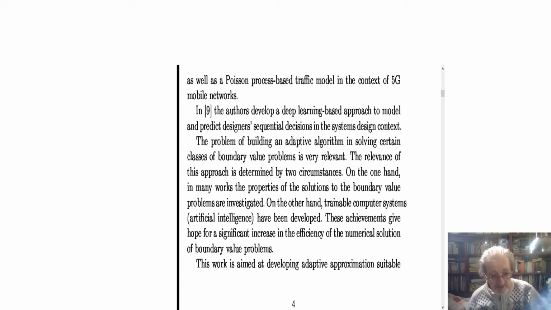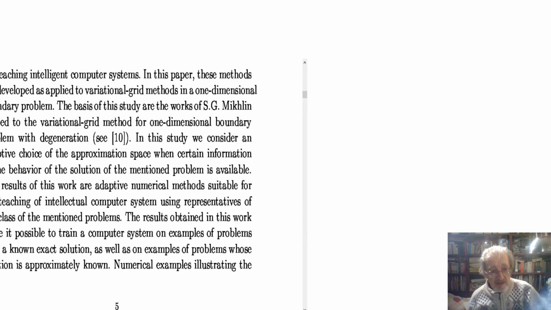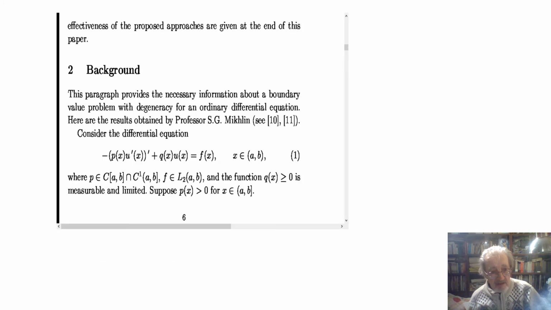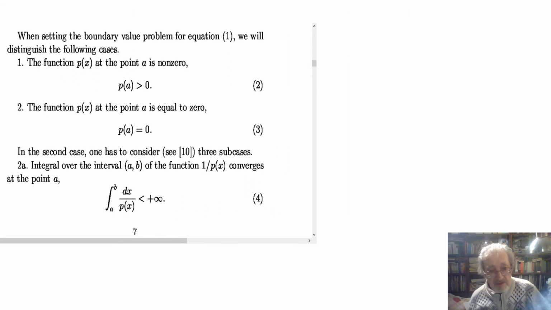Then I can show the text here. And here is the background about the theory.